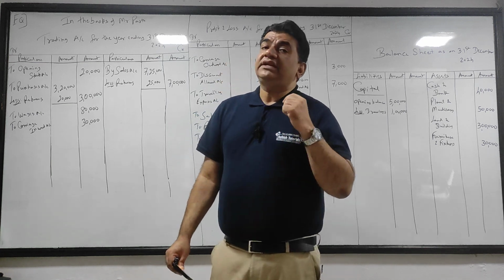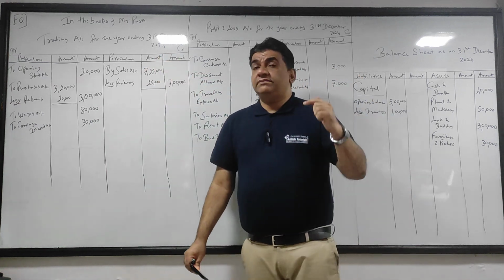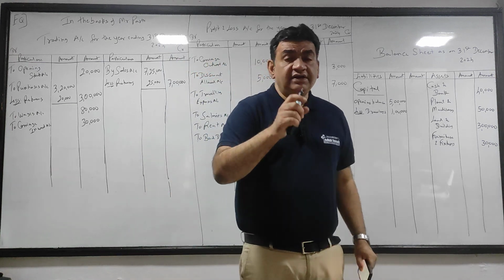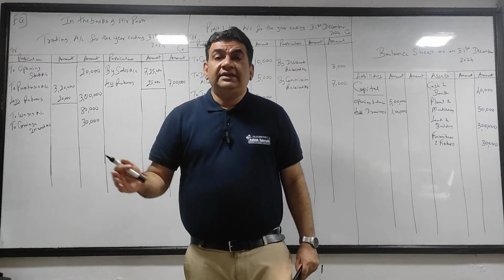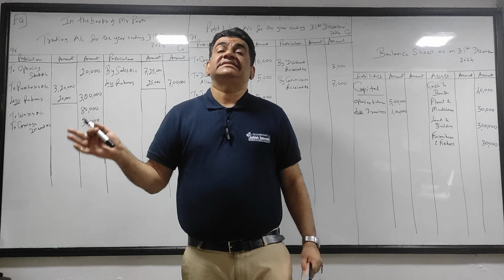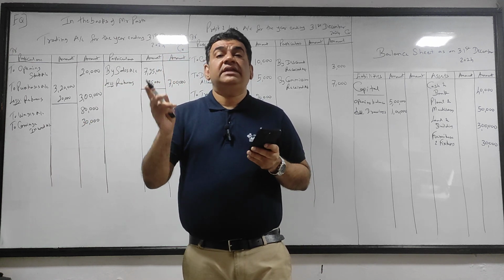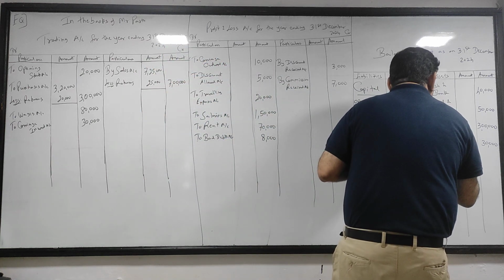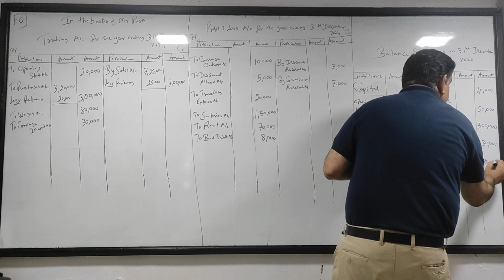So sundry debtors means the person or the people from whom money is recoverable, and anything receivable for me is an asset. Anything receivable asset, anything payable liability. Debtors से पैसा लेना है, so come here and write there sundry debtors, the amount of debtors, that is 80,000.